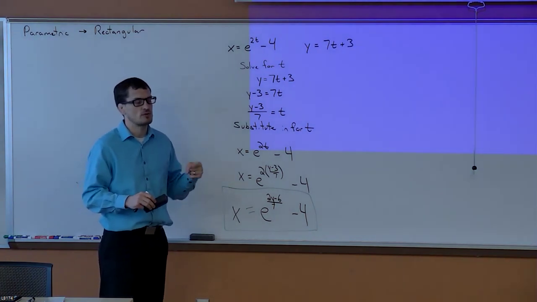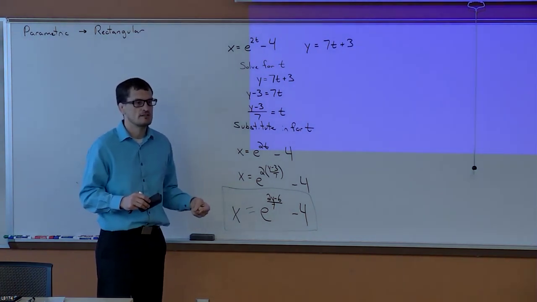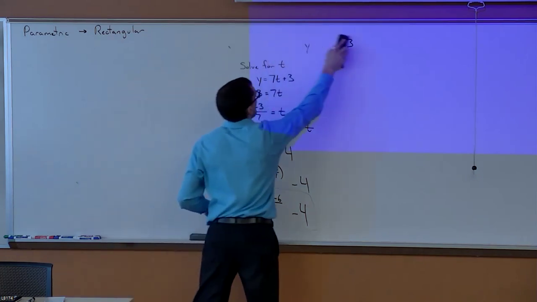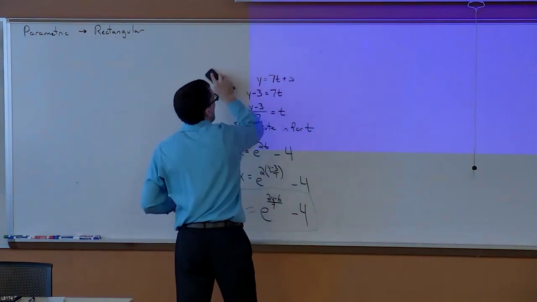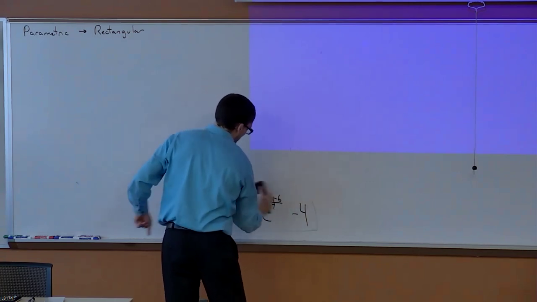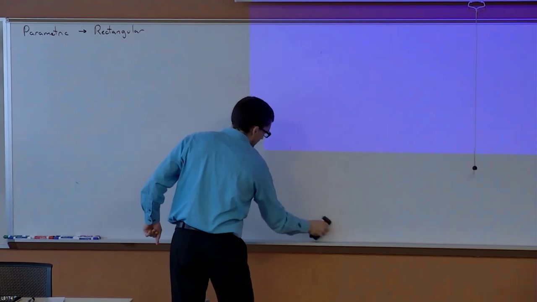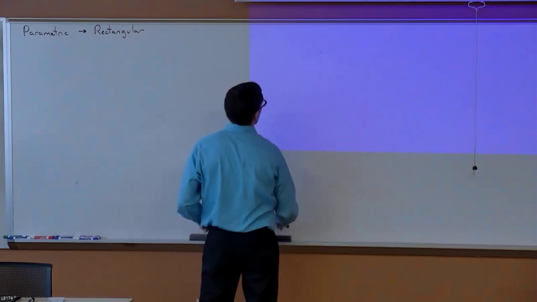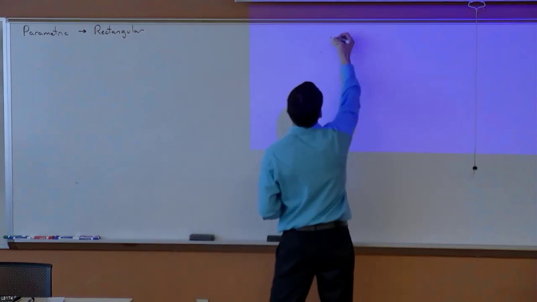Specifically, cosine squared plus sine squared equals 1. And the equivalent statement when we divide both sides of that equation by cosine squared.